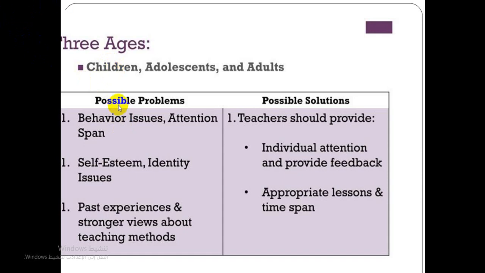Here we have some problems and some solutions related to these problems. The first problem is related to behavior issues and attention span. The second one is related to self-esteem and identity issues, and the third problem is related to past experiences and strong views about teaching methods.